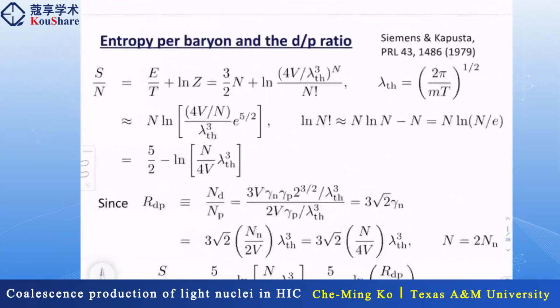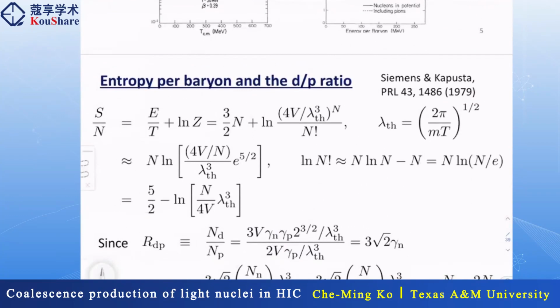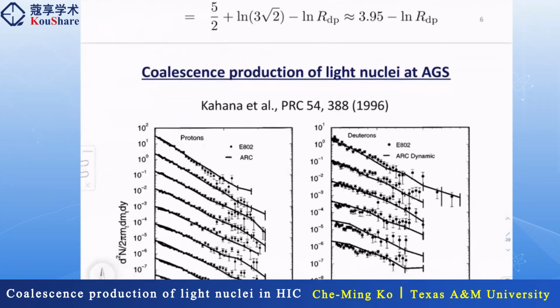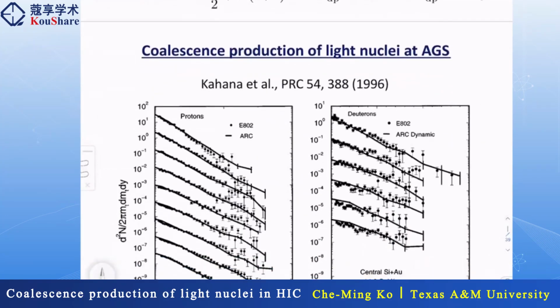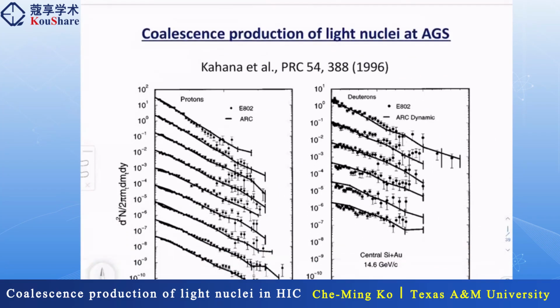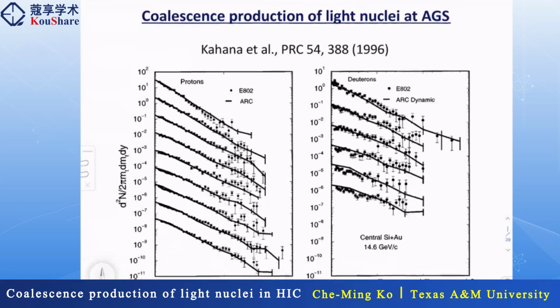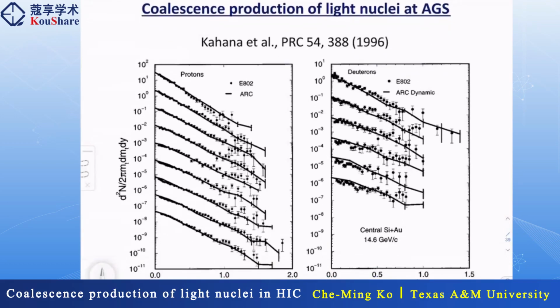After a couple more years, from 79 to 96, that's almost 16, 17 years, we got the AGS, and the energy got much higher. At the AGS you're talking about several GeV rather than 1 GeV, almost a factor of 10 higher in incident momentum.